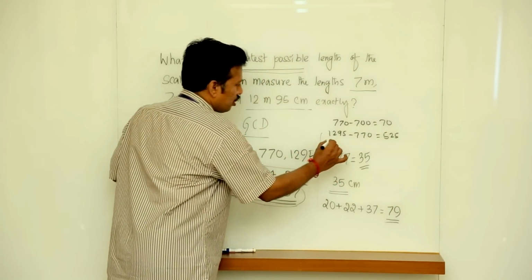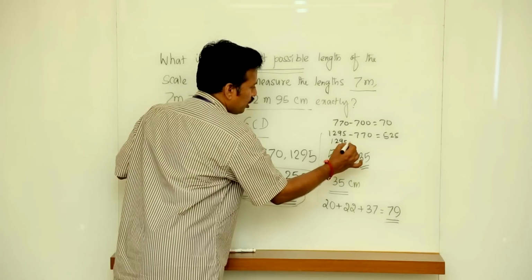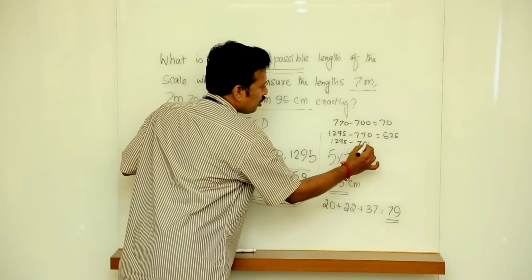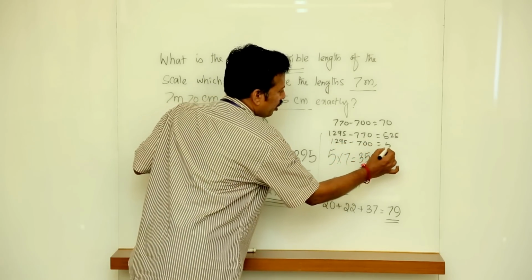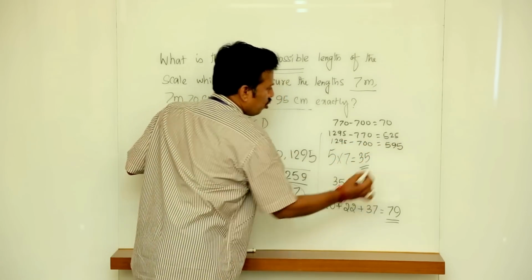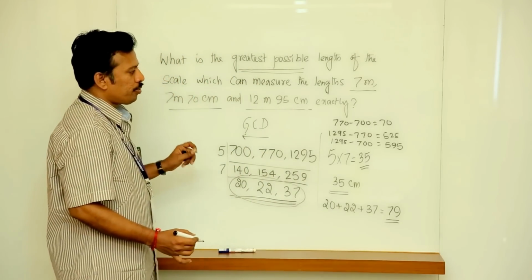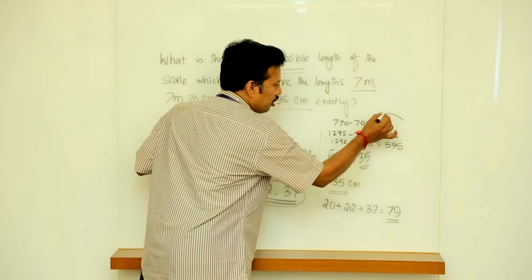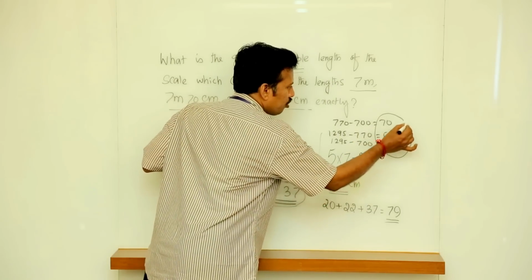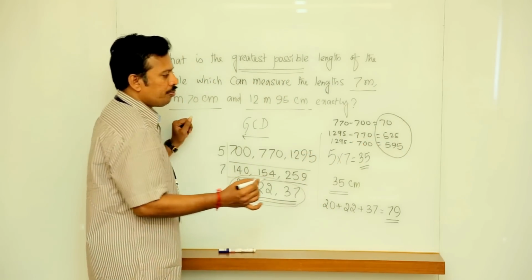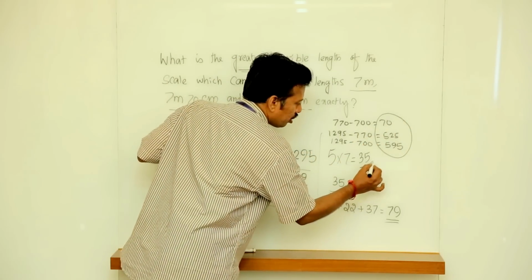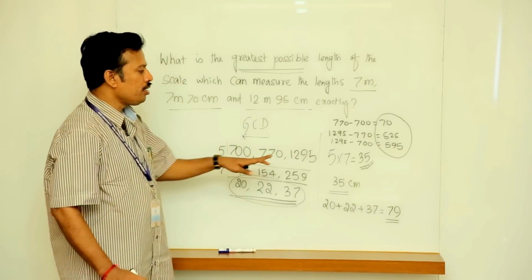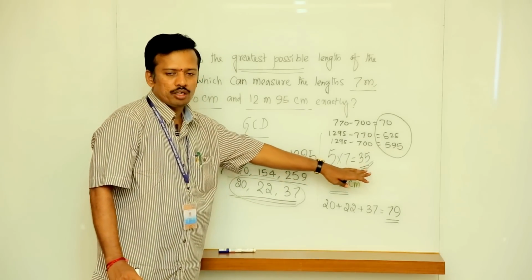Then between the first and third, 1295 minus 700, which is 595. This is also another technique whereby you can identify the GCD, the common divisor of all these: 70, 525, 595. All these numbers are perfectly divisible by 35. That way also you can identify the greatest possible length of the scale.